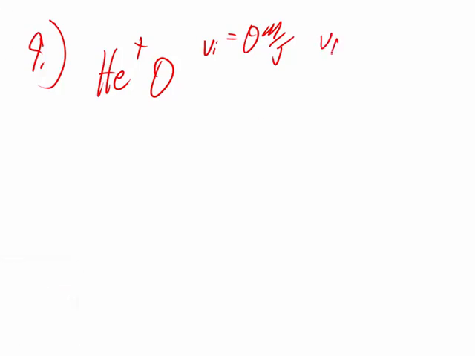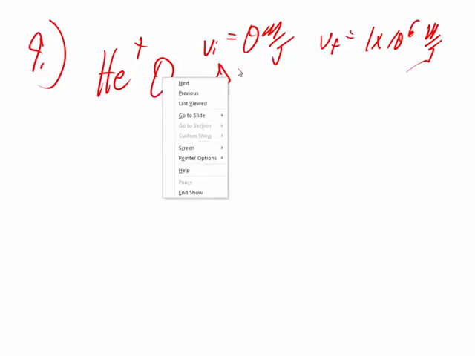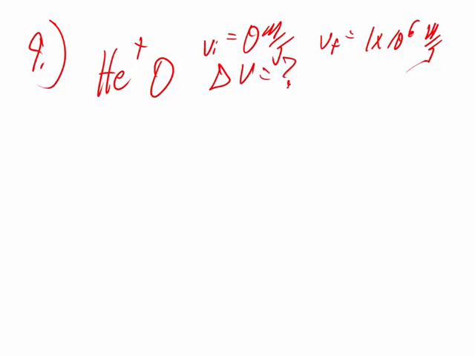So a final velocity of 1 times 10 to the 6th meters per second, or a million meters per second. We want to know what potential difference it would take to do this.